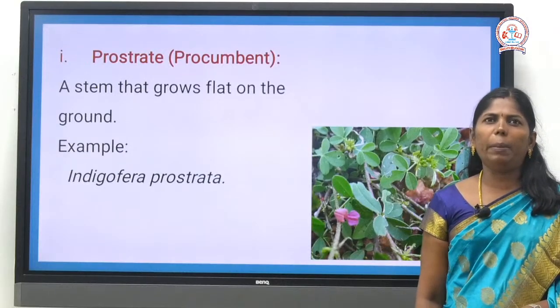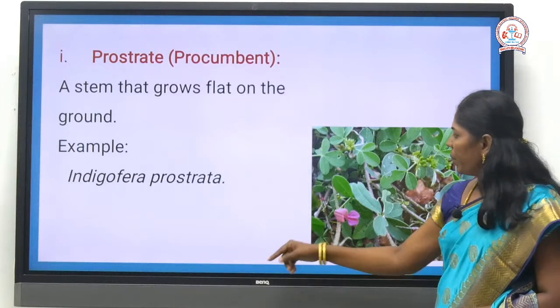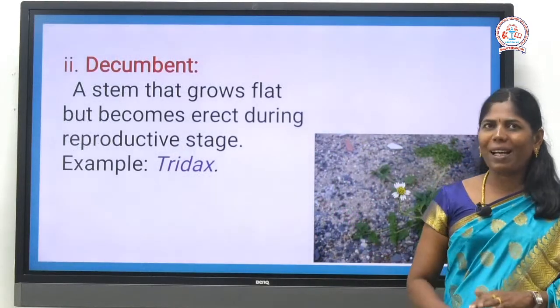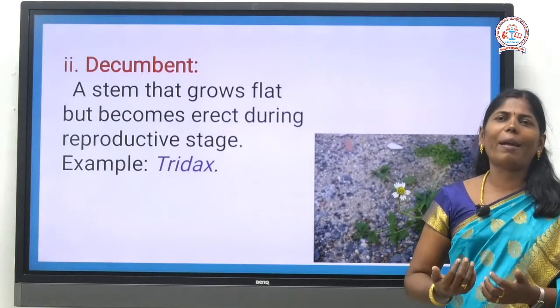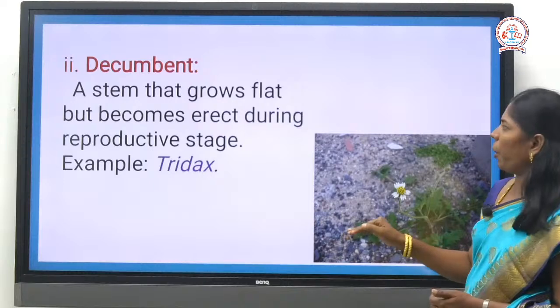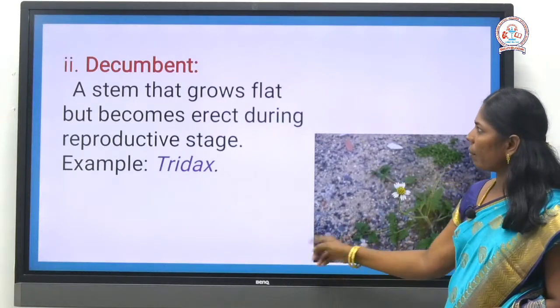Prostrate, we said, is flat on the ground. Decumbent is also flat on the ground, but the reproductive part is erect. It stays flat, but once the reproductive part comes, those portions turn erect.